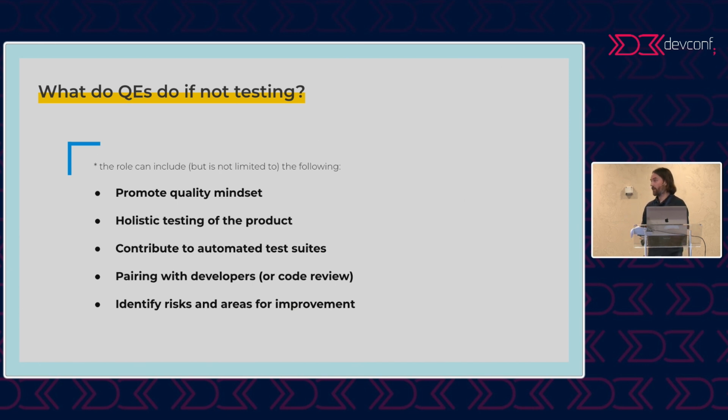Holistic testing. This one came up recently in a discussion I was having with a team that's recently started working in this way. When you're delivering a lot of features in a certain area of your product, you are getting a lot of test coverage in that area because you're testing as those features are being delivered.